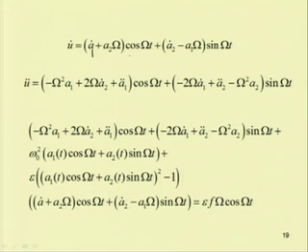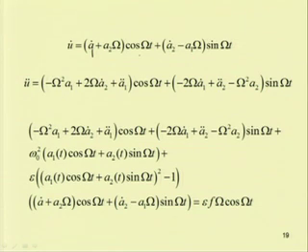Now, keeping this constant and differentiating cos omega t, we get minus (a1 dot plus a2 omega) sin omega t. Similarly, differentiating the next term, we get (a2 double dot minus a1 dot omega) sin omega t plus (a2 dot minus a1 omega) omega cos omega t.